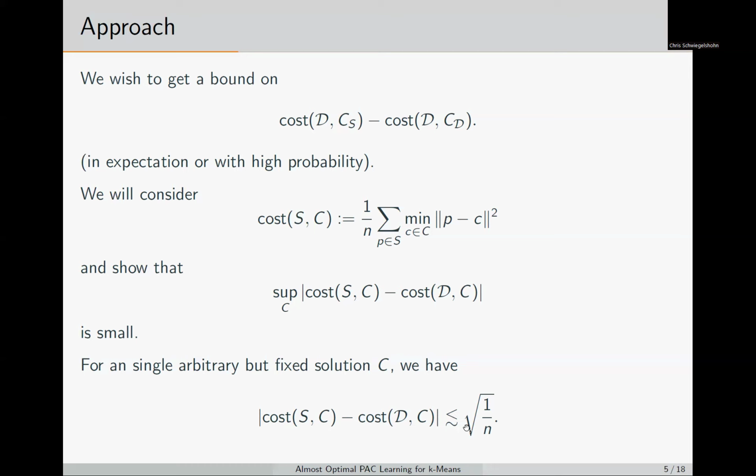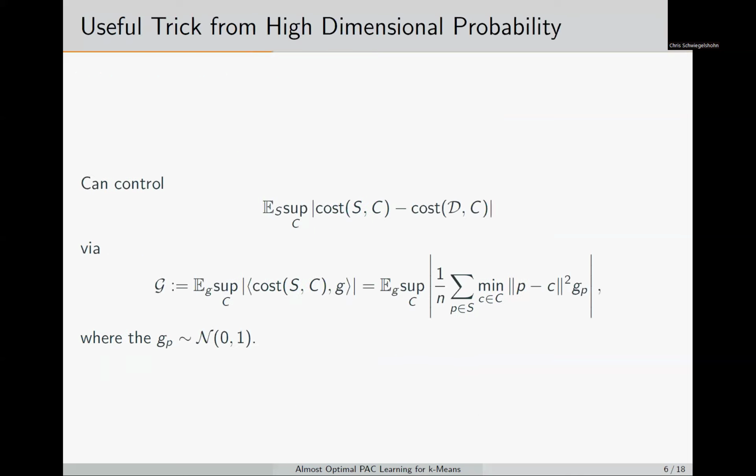What we now have to do is understand how much resources we have to expend to extend this to all solutions. So before we do that, we're going to use one nice trick from high-dimensional probability, where instead of bounding this quantity over here, the expected maximum difference between sample cost and true cost, we bound it by way of a quantity known as the Gaussian complexity. Here we're trying to bound the deviation of the cost around its expectation.